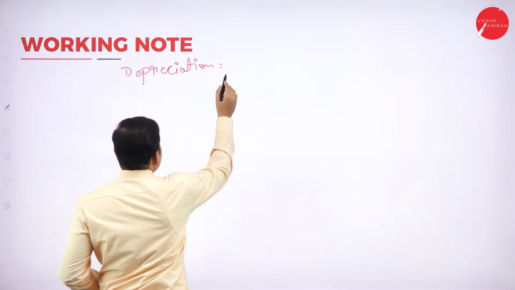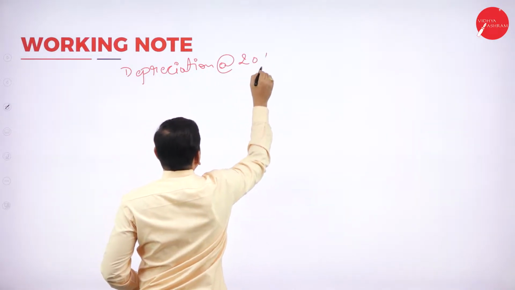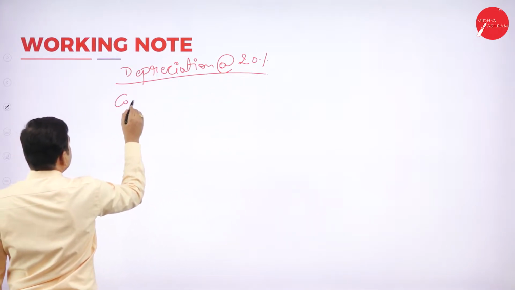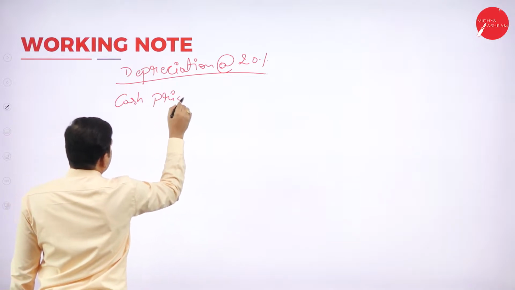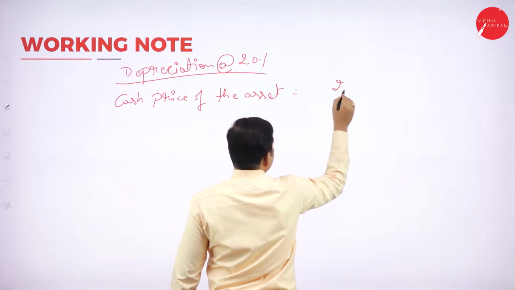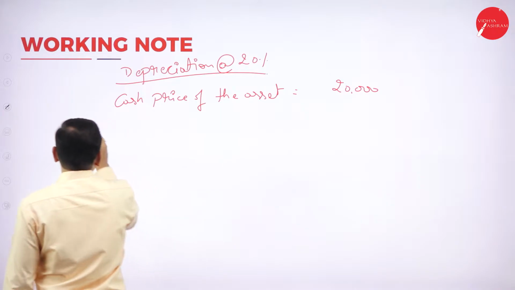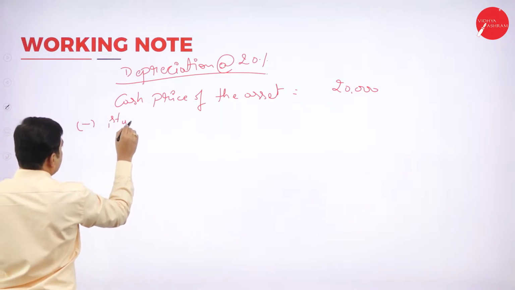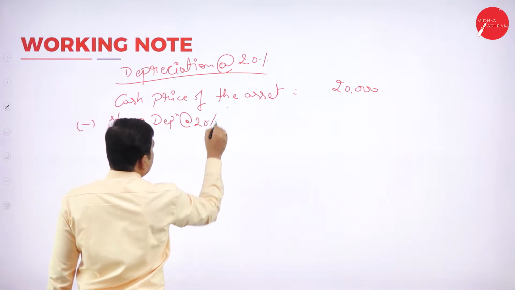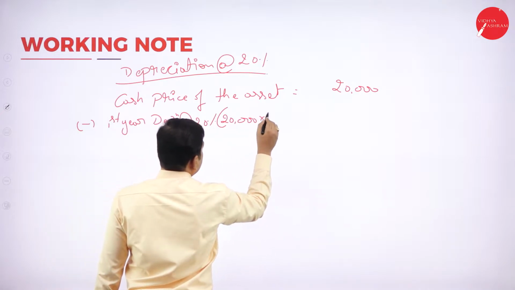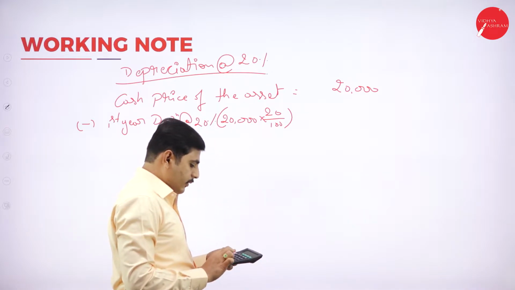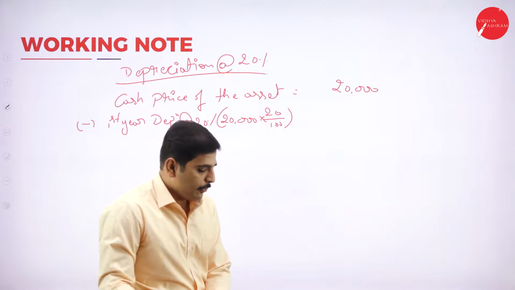So cash price of the asset equals 20,000 minus first year depreciation at 20%. So it is 20,000 into 20 by 100. So let's calculate. 20,000 into 20%. So it is 4,000.